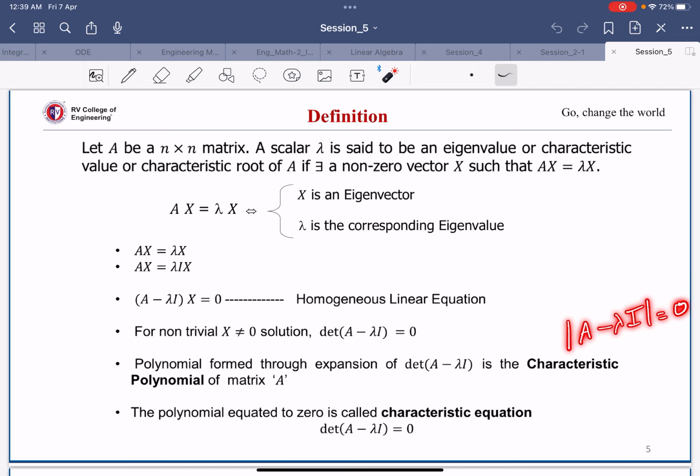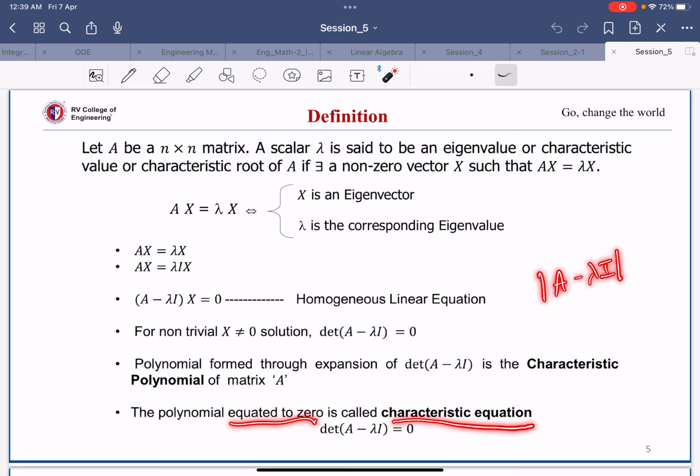That polynomial is called the characteristic polynomial of the matrix A. The polynomial equated to 0 is called the characteristic equation. So if the determinant of A minus lambda I, when we expand, gives us a polynomial, and that polynomial is equated to 0, this is called the characteristic equation.